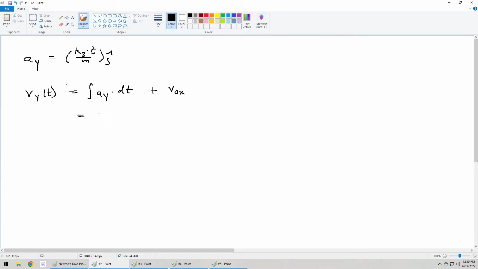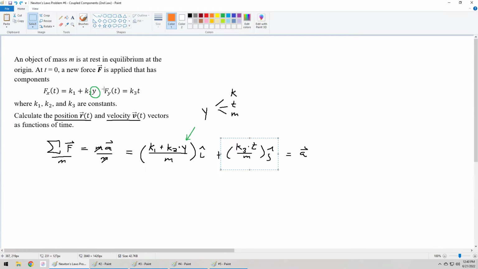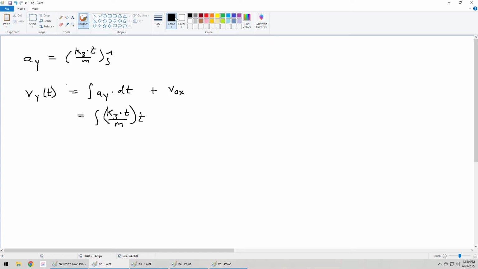Well, we're integrating this expression, k3 times t divided by m, with respect to t. And if you recall from the problem description, at the beginning of this whole scenario, the object was at rest in equilibrium, right? At rest in equilibrium at the origin. So there is no initial velocity. So plus 0. Or you can just ignore writing anything if you like.